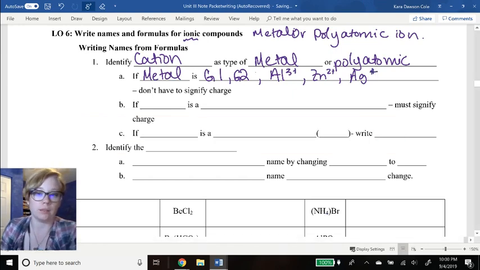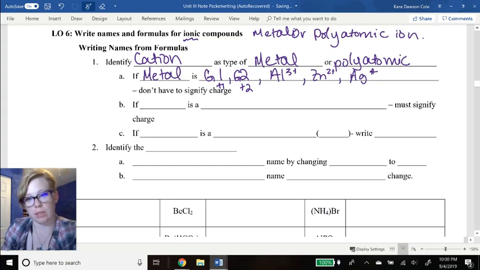These guys have set charges. So group 1 always has a +1 charge. Group 2 always has a +2 charge. Okay, so group 1 is +1, group 2 is +2, aluminum is 3+, zinc is 2+, silver is 1+. So you do not have to signify charges for these.